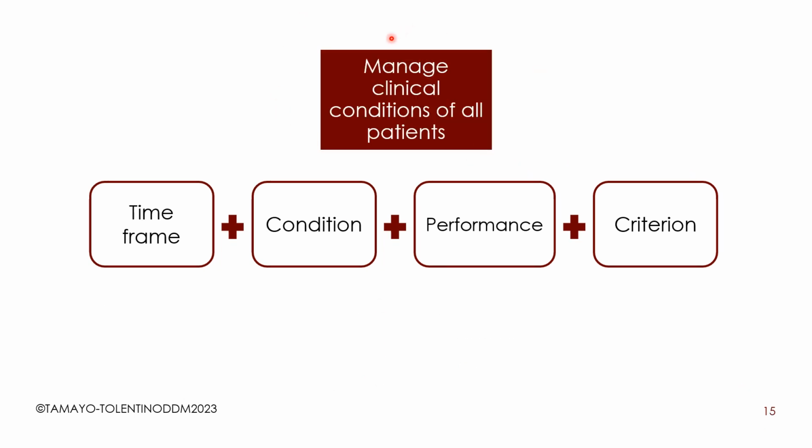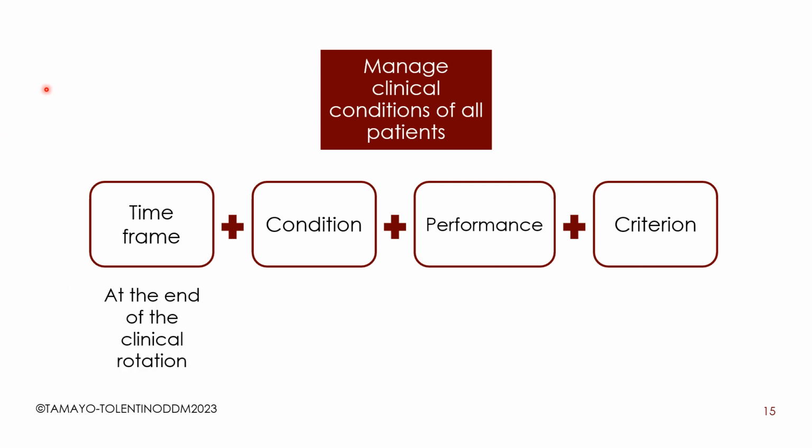Let's take this outcome as an example. Manage clinical conditions of all patients. Looking at it, this is considered a good outcome already. But let's try to make it better. Again, this is the formula that we can use in formulating learning outcomes, starting off with the time frame.